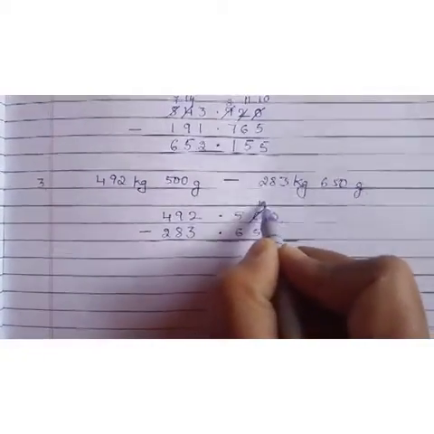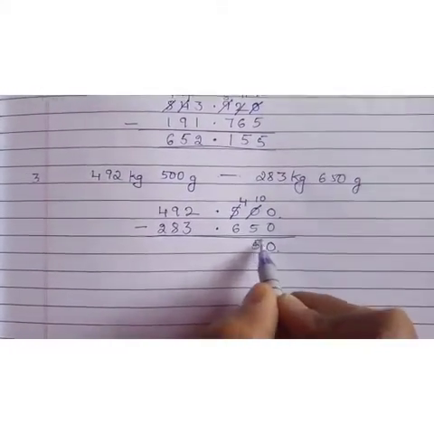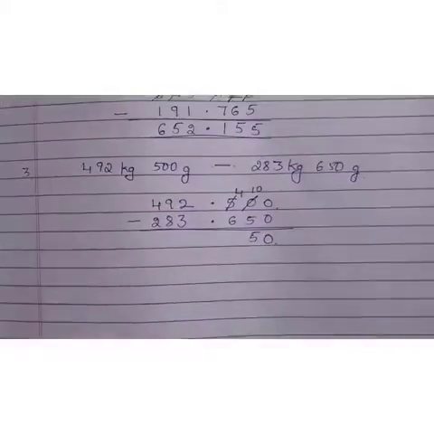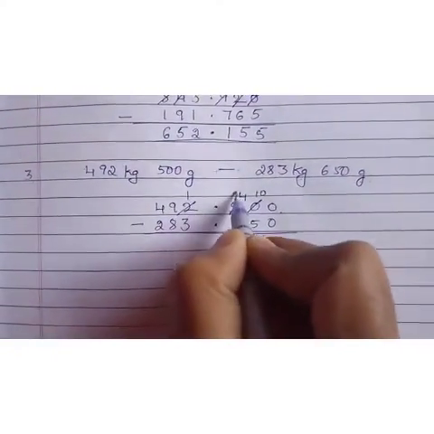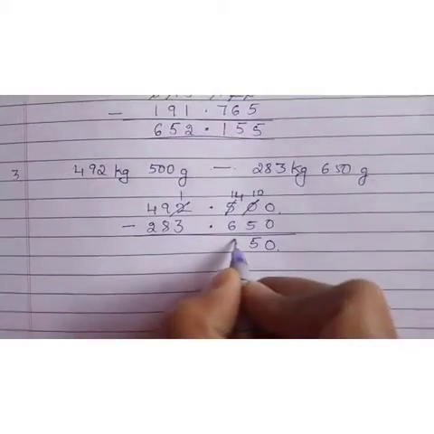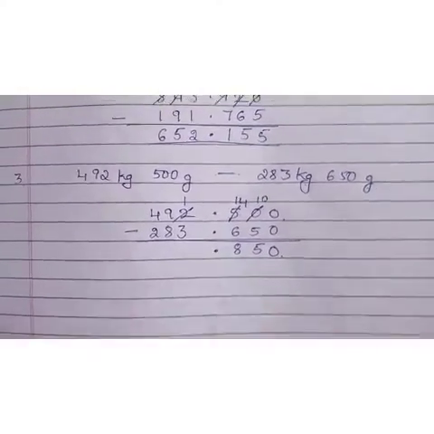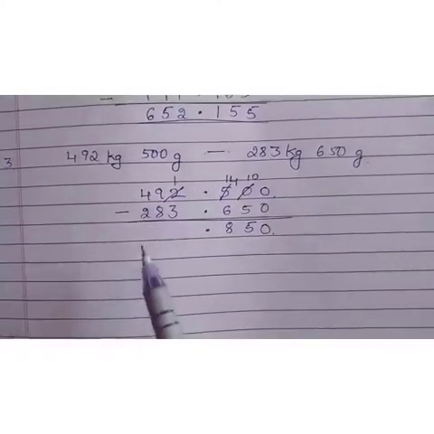Now subtract. 0 minus 0 you get 0. Next this becomes 10, this becomes 4. 10 minus 5 is 5. From 4 can you subtract 6? No. So what you will do? Borrow from here and this becomes 14. 14 minus 6 it is 8. Place the decimal as it is. Again can you subtract 3 from 1?